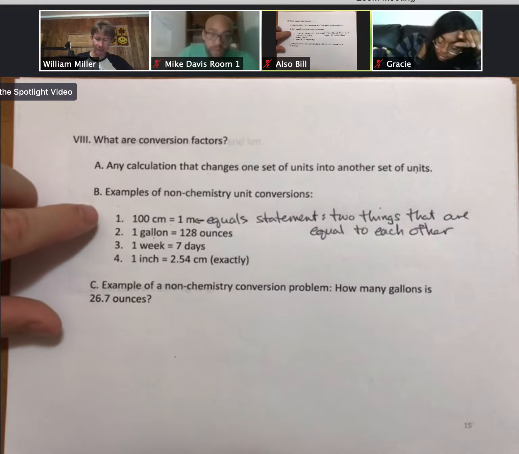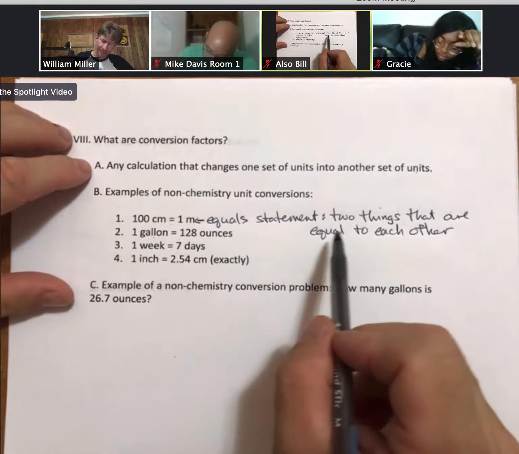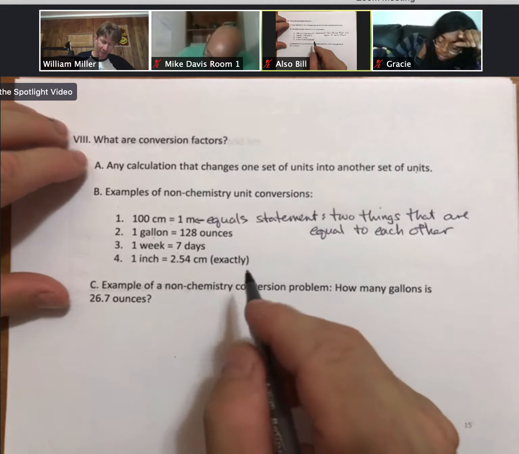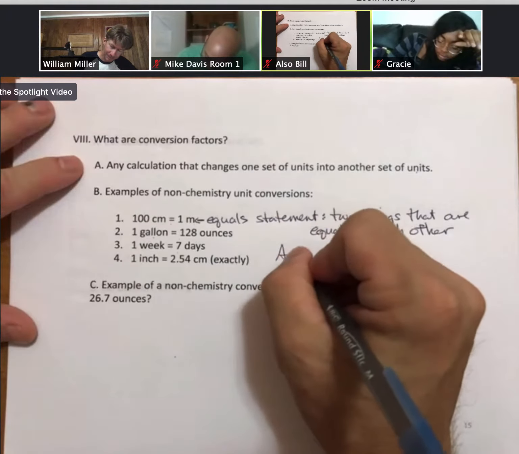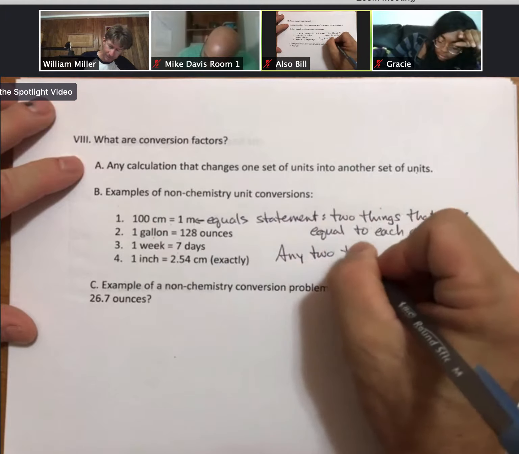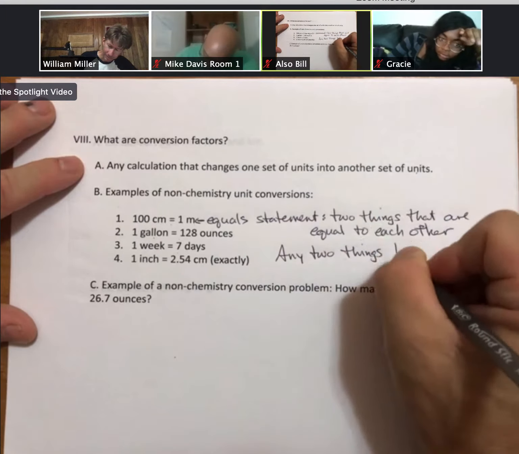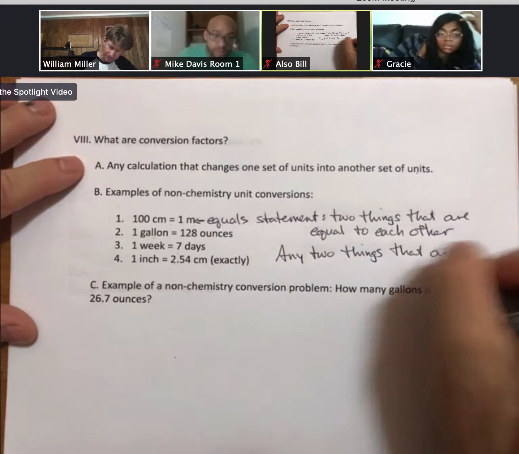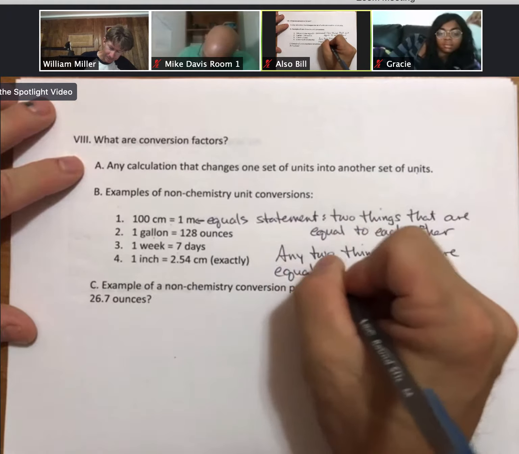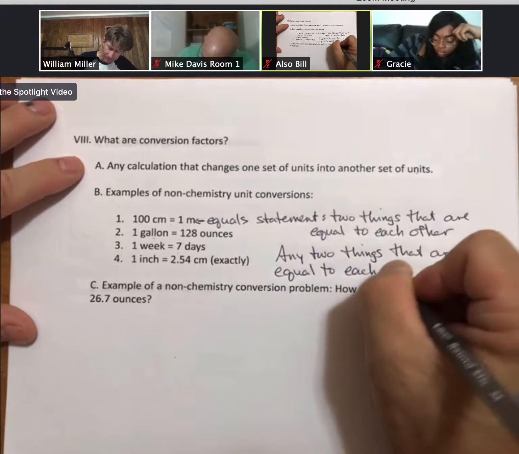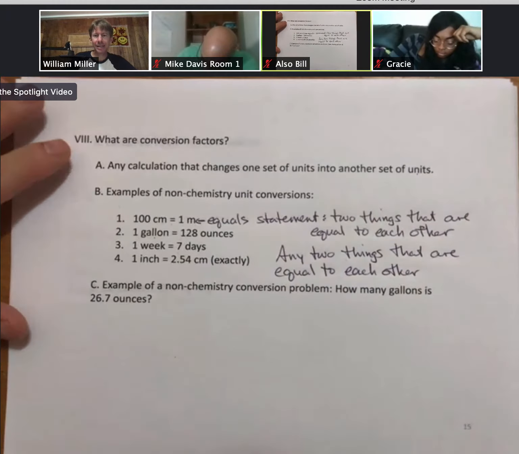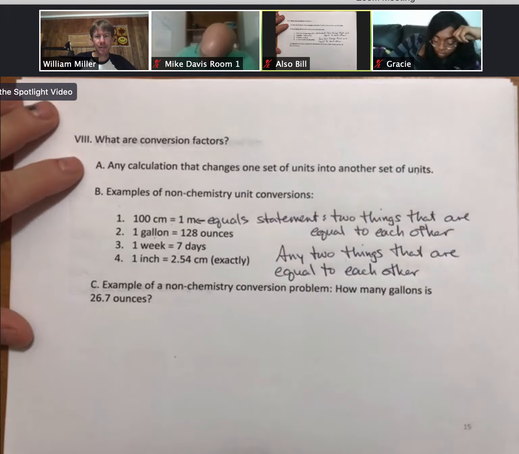What we need to know is that any two things that are equal to each other can become a conversion factor.